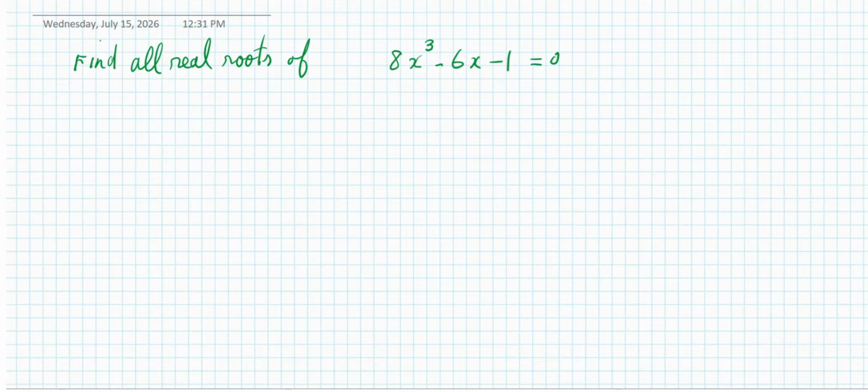Looking at this cubic equation and the coefficients of 8 and minus 6, we remember from trigonometry that cosine of 3 theta is equal to 4 cosine cubed of theta minus 3 cosine of theta.